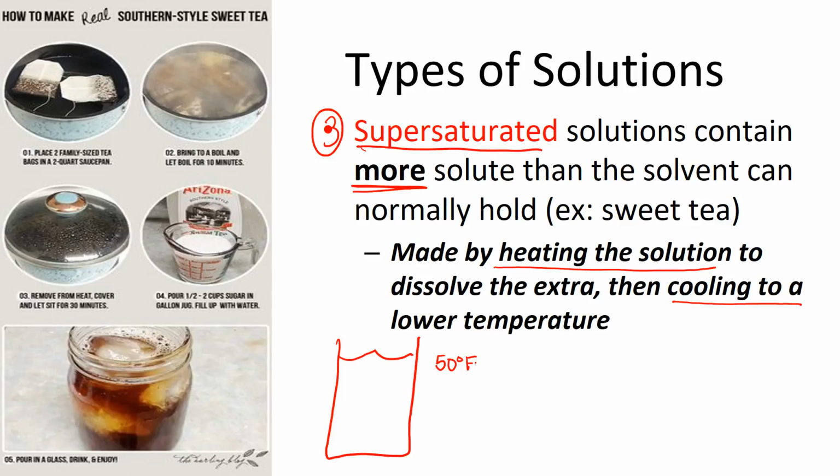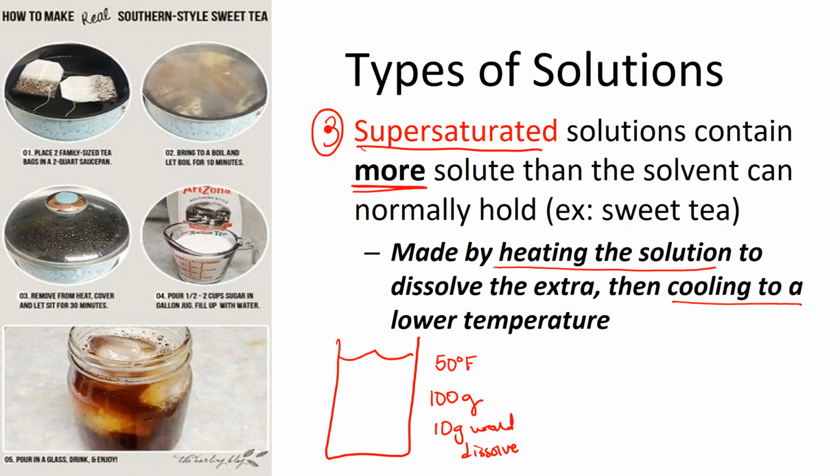All right. At that temperature, if I were to just take sugar packets and put it in there, not very much of it would dissolve. So let's say if I put 100 grams in there, only 10 grams would dissolve. Okay. So that would mean not a whole lot.